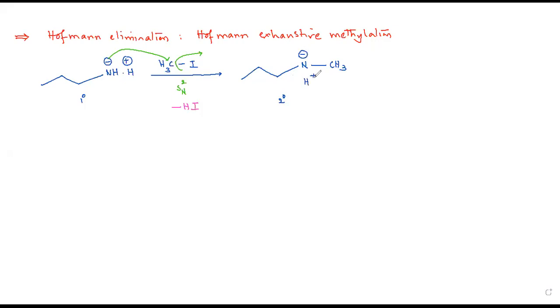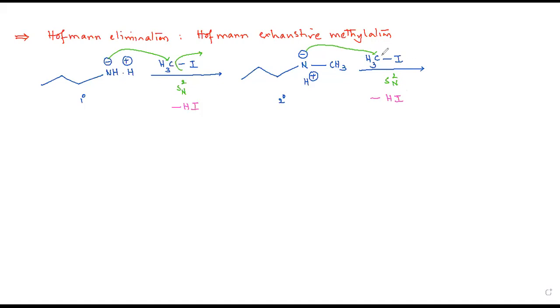Again, for the next step, I've made some arrangements. N minus and H plus is what I need because I'm going to go for SN2 again. So SN2, then of course the thing that is eliminated is HI.